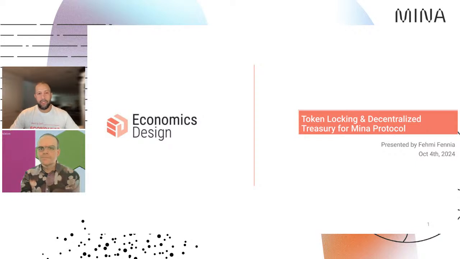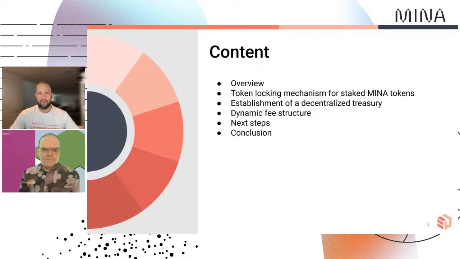We prepared a few slides, so without further ado, I will start with the first content overview. So we will be talking about an introduction of a token locking mechanism for the Mina stake tokens. Then that is also tied to the potential creation of a decentralized treasury.